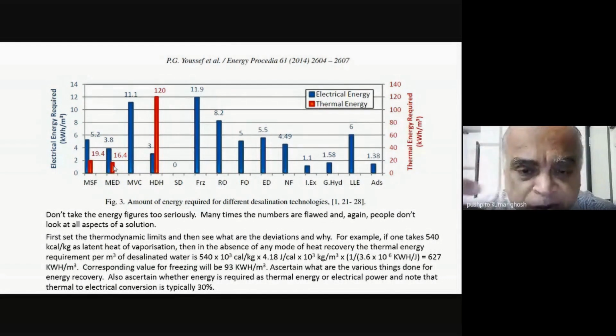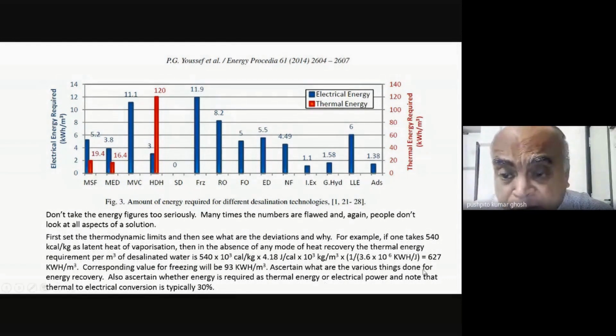So once I start doing that, my requirement is not 627 kilowatt hour. It's a lot less. You talked about freezing. If you use refrigeration, there would be an electrical power requirement to freeze. They've given some value for RO. You mentioned electrodialysis. They've given a value.